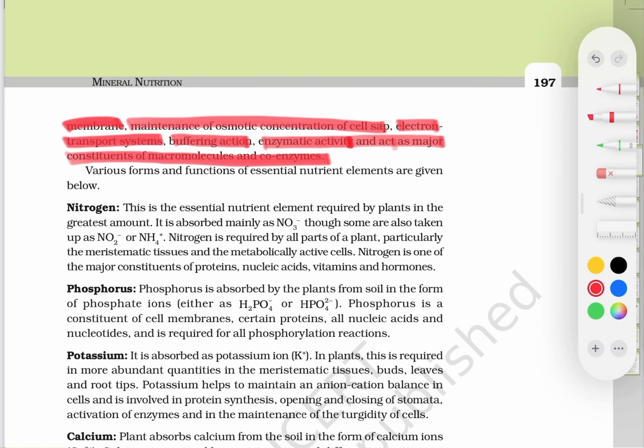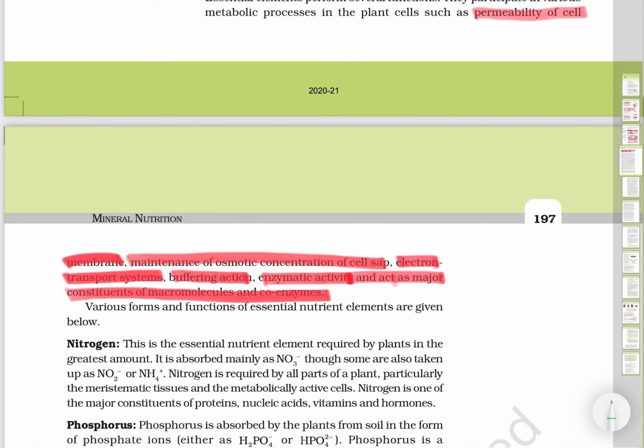So let's write it once. What are the functions?